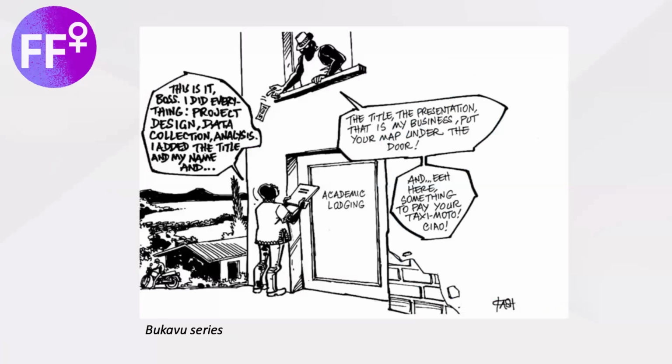You can see in this visual, someone has led this whole research project: design, data collection, analysis. He's added his title, his name, and then is being told, well, no, this is not your work. Your name, your title, that is not your remit.